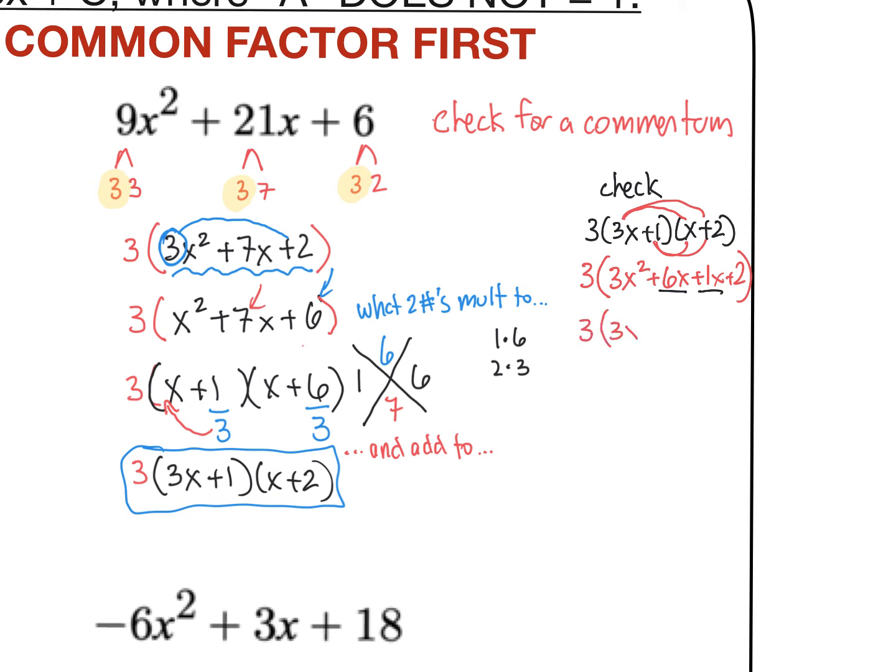So I'd get 3x plus 7x plus 2. And then finally, we would have the 3 to distribute back in, and that will give me 9x squared plus 21x plus 6. And you can see it's a winner because we end up with the same thing that we started off with, so we know that this answer right here is correct.